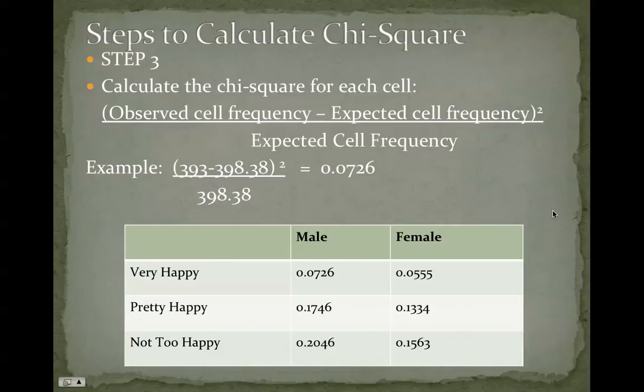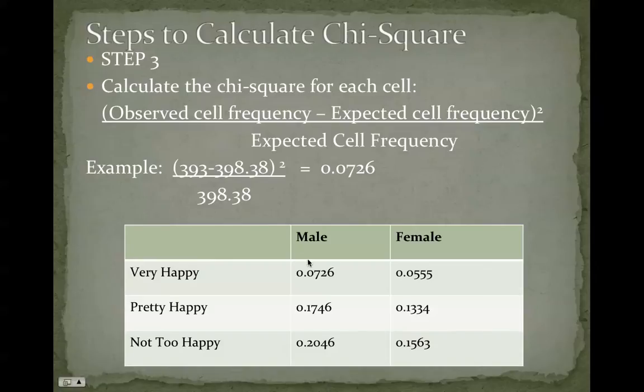So now that you've calculated your expected frequencies, which give you what you would expect to see if there were no relationship, now we need to figure out what that actually means in terms of the chi-square. So now you calculate the chi-square for each cell. You take the observed cell frequency minus the expected cell frequency, then you square that value and divide it by the expected cell frequency, okay?